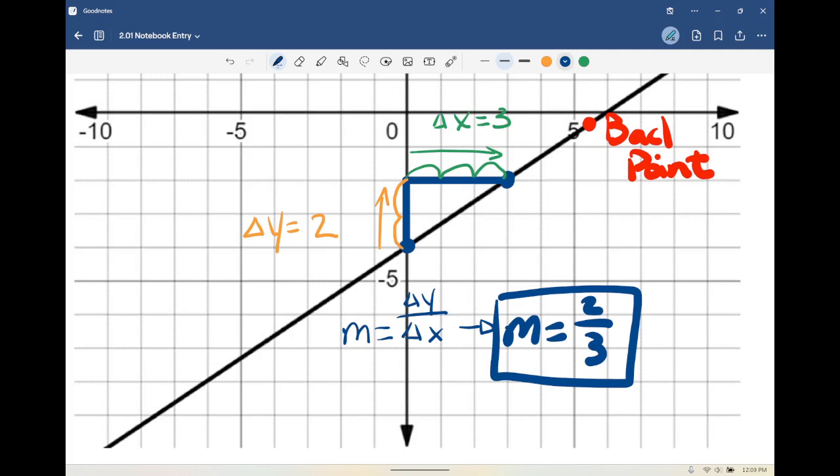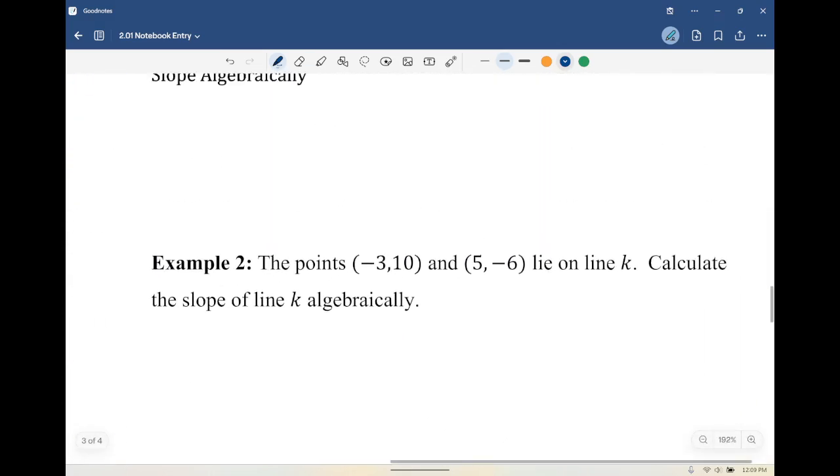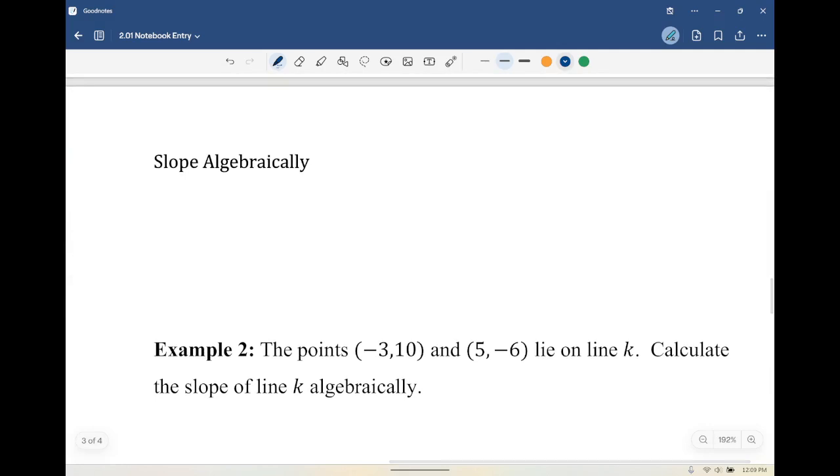Yes, I'm not worried about that right now. I'm worried about us being able to do this right now. Other questions? All right. Slide over. Example 2. We're going to just go right on through for notes.